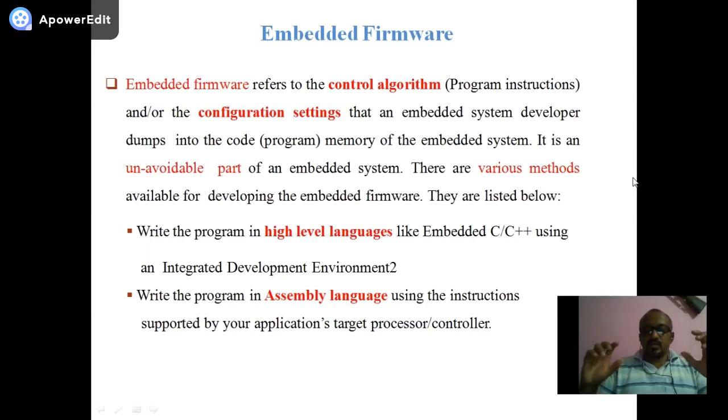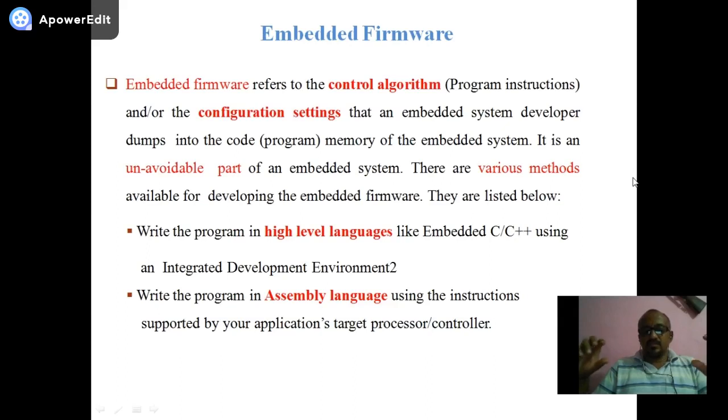It's a control algorithm that we write in the form of program instructions, and we configure the settings required for the embedded system.